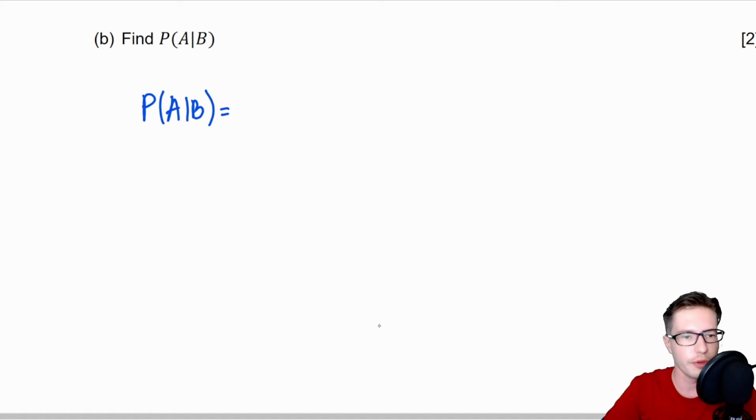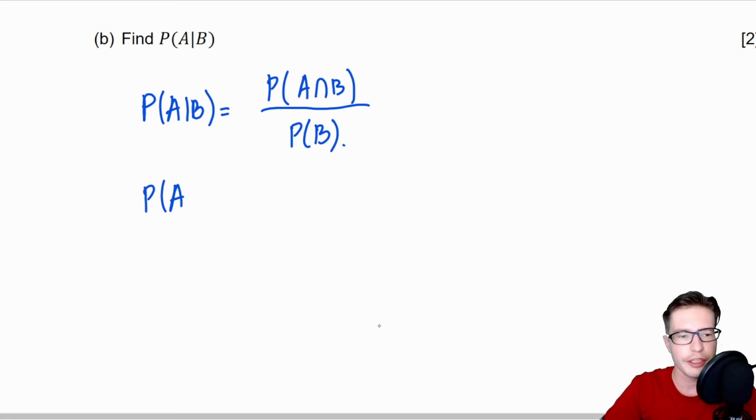Okay, now the question is about conditional probability. And for that, I will use the formula P of A intersected with B over P of B. Now, P of A intersected with B, so the probability of events A and B happening at the same time, it is going to be, using the tree diagram, 1/4 times 1/4 times 1/2, 1/32.